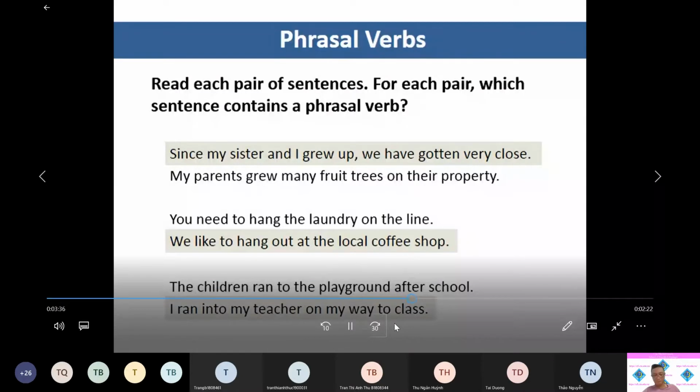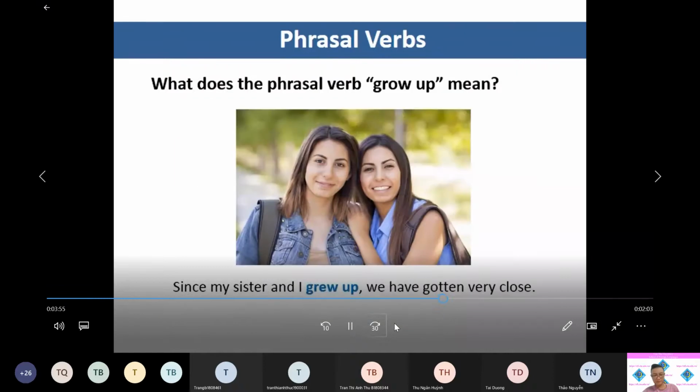I ran into my teacher on my way to class. Grow up, hang out, and run into are all phrasal verbs. Each has a particle that changes the original meaning of the verb. Now let's think about what each one means. Read the sentence again. What does the phrasal verb grow up mean?